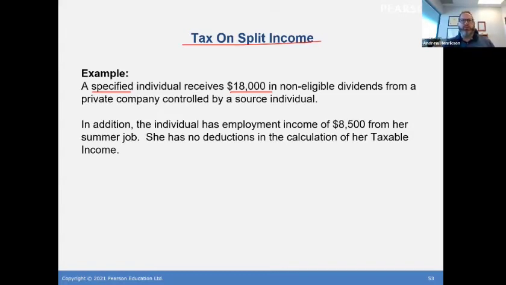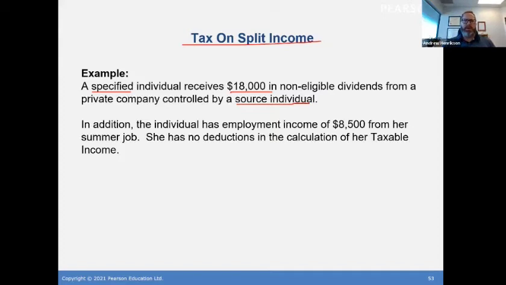So a specified individual receives $18,000 in non-eligible dividends from a private company controlled by a source individual. So this company is being controlled by this individual. That's why they're the source. We're looking at them as the source of the income because they control this company. And the money went to this other person, the specified individual.